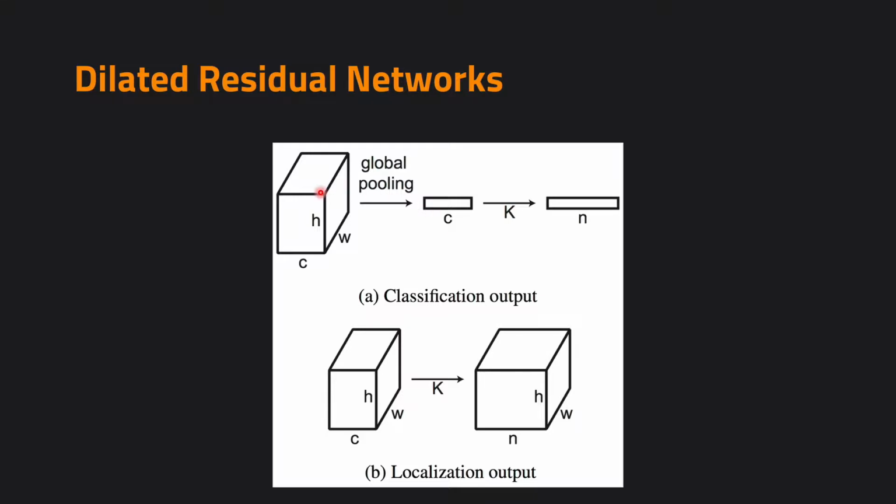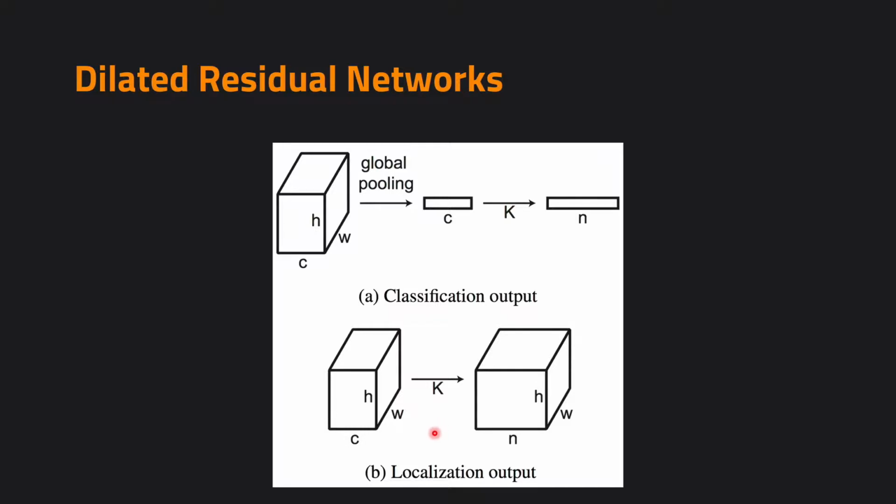Even if we have a higher resolution feature map, we can still do the same. In the original ResNet, the height and width is 7 by 7, and if we remove some of the downsampling in the earlier stages of the network, then the feature map can be 14 by 14 or even 28 by 28, so that we see a higher resolution feature map. At the same time, we can still do classification using global pooling.